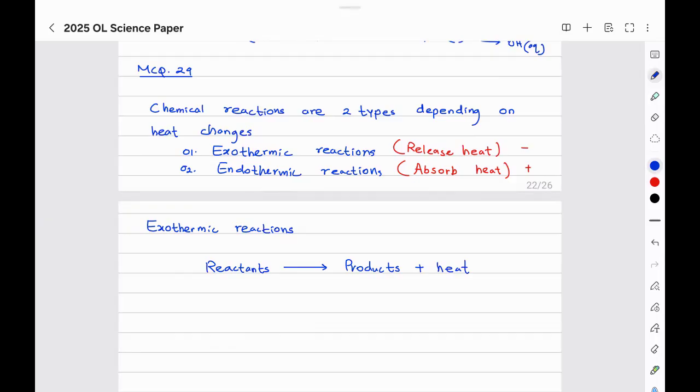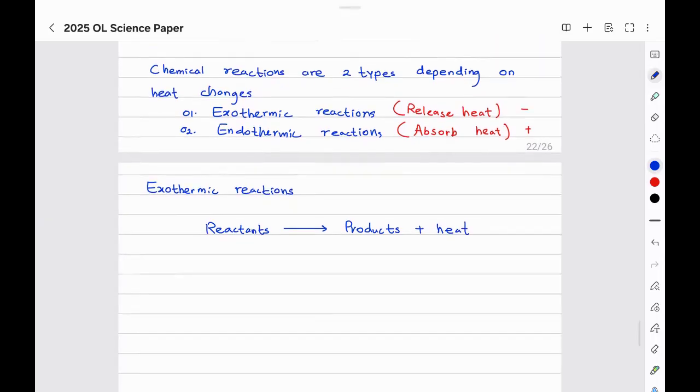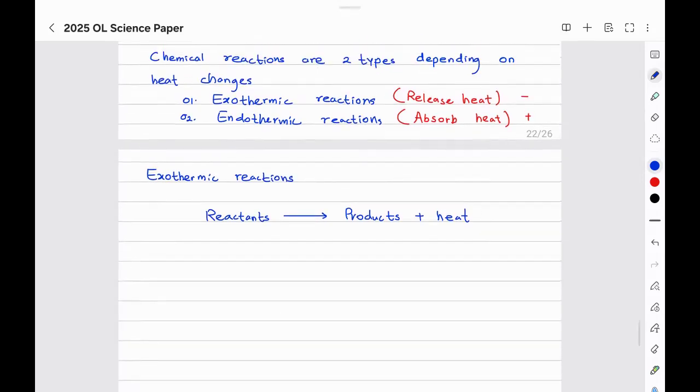Okay. Now, if you can't understand how to draw that energy diagram, it's very simple. We know that, students, according to this reaction, you can see which one has the greater energy, reactants or products. Actually, the part of the reactants only converted to heat. Now, you forget about this arrow. You just imagine this is equal symbol, right?